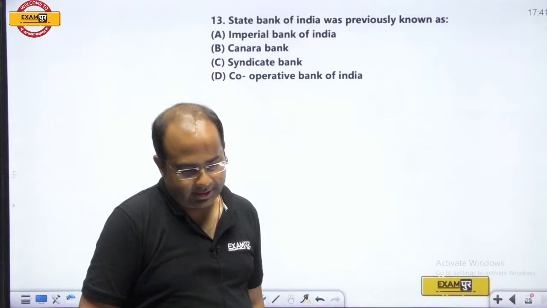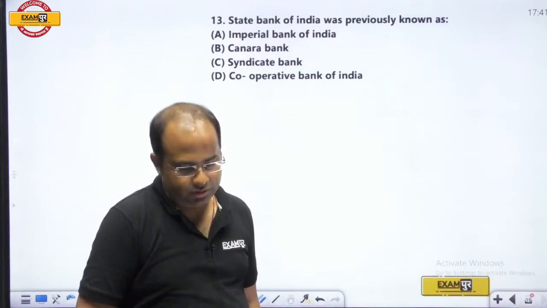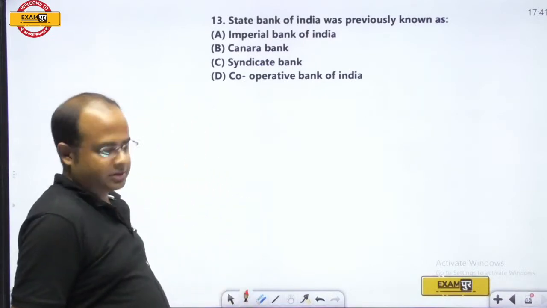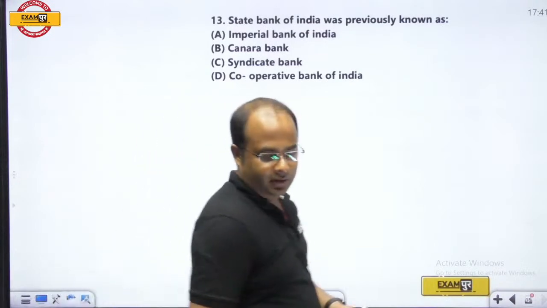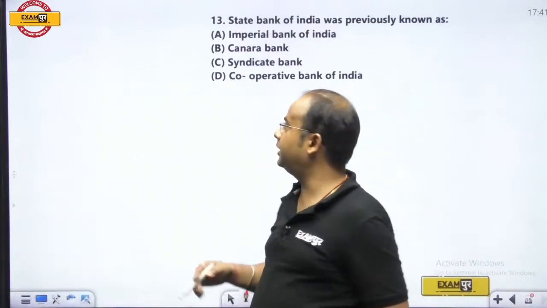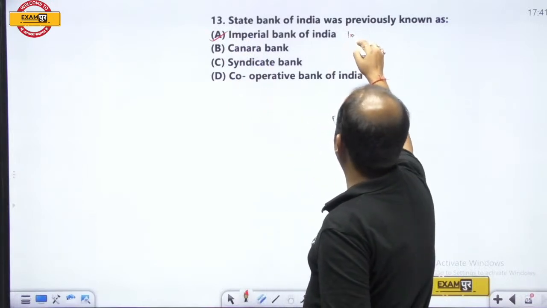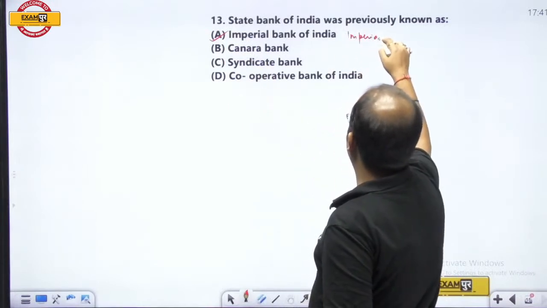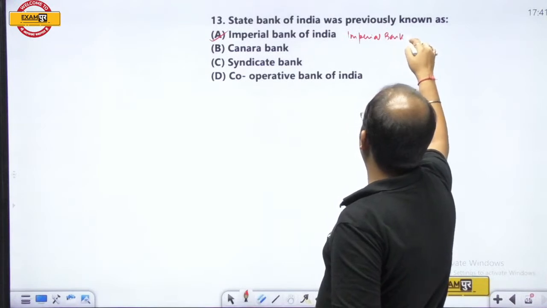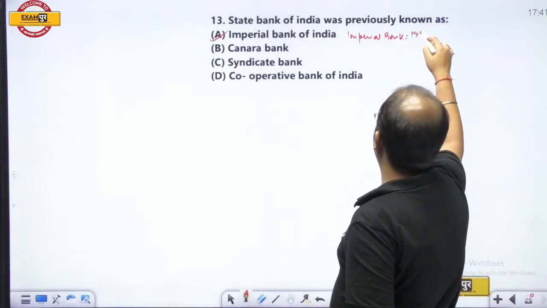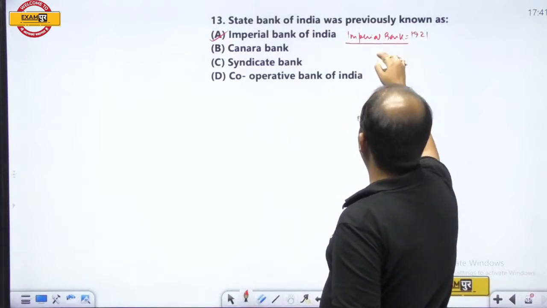So let's see the correct answer. Okay, Ayush is saying option A, option C. Guys, the State Bank of India was known as Imperial Bank, that was established in 1921 in Bombay.